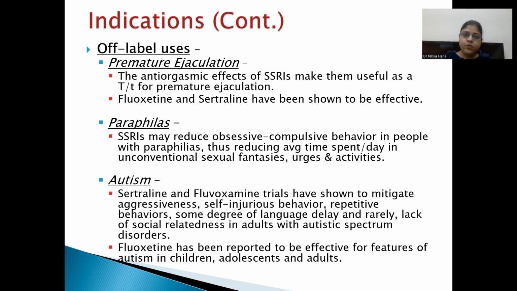Autism, sertraline and fluvoxamine: can be shown to mitigate aggressiveness, self-injurious behavior, repetitive behaviors, some degree of language delay, and rarely, lack of social relatedness in adults with autistic spectrum disorders. Fluoxetine has been reported to be effective for features of autism in children, adolescents, and adults.